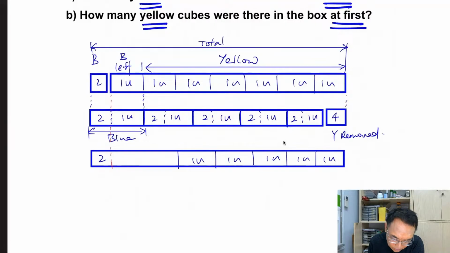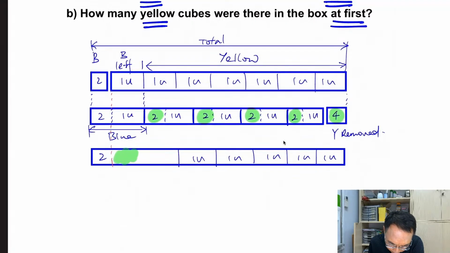Oops, let me use a bigger one. So this plus this plus this plus this plus this should give you the value over here. Okay, so how much is that? Answer is that this is 2 times 4 plus 4, giving you 12, right?